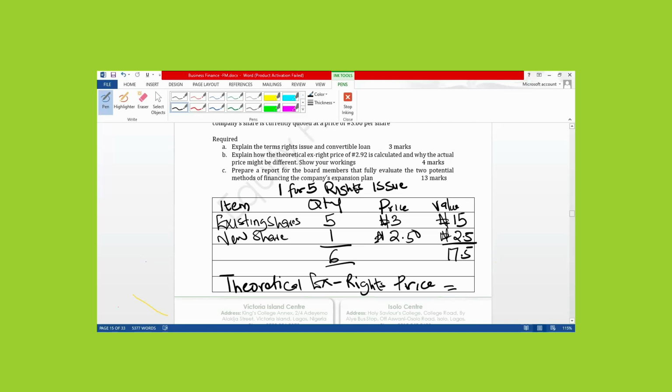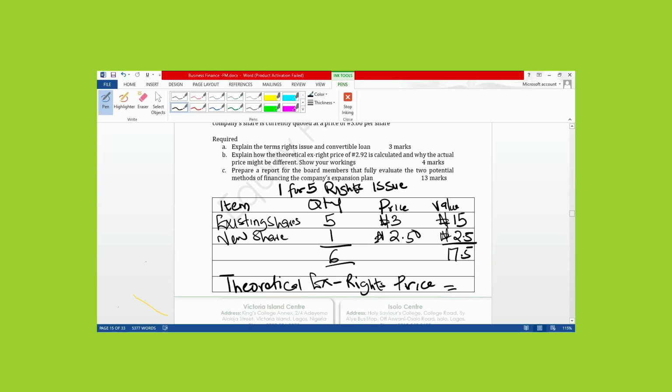Prepare a report for the board members that fully evaluates the 2 potential methods of financing the company's expansion plan. What are these 2 methods? Rights issue and convertible loan.